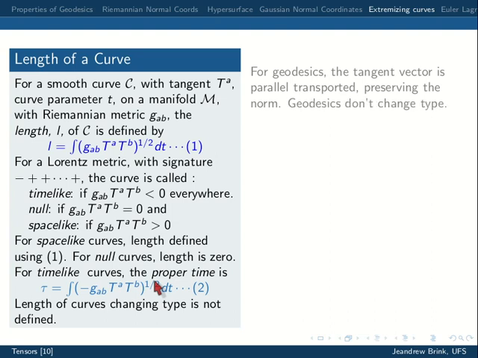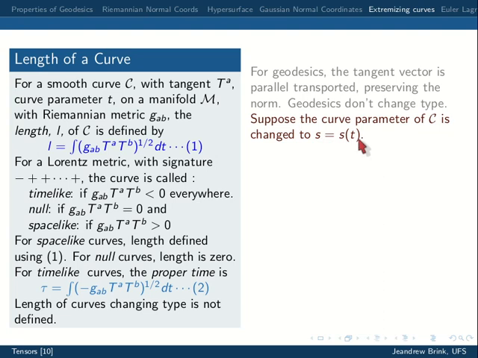So geodesics don't change type, and suppose now the curve parameter of C is changed. Remember when we were working with the origami stuff, we had this idea that you could change your parameter from s to some other parameter.